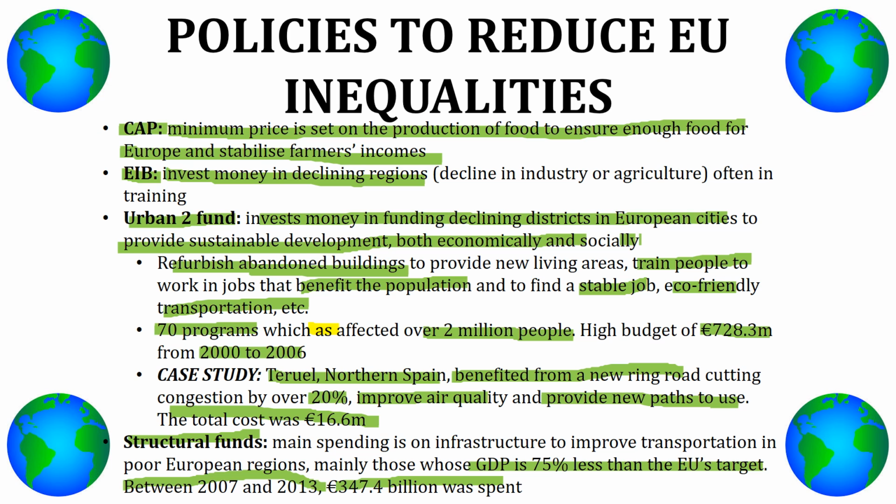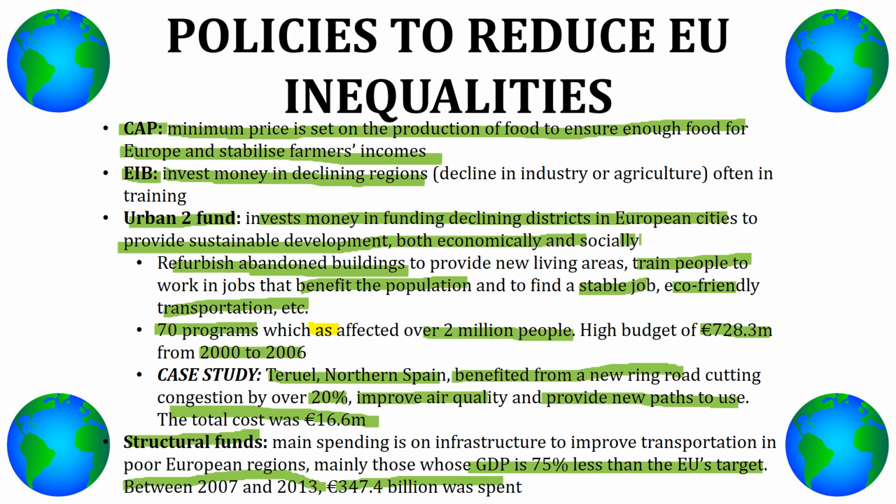budget. And finally, structural funds. Their main spending is on infrastructure to improve transportation in poor European regions, mainly those whose GDP is 75% less than the EU's target.